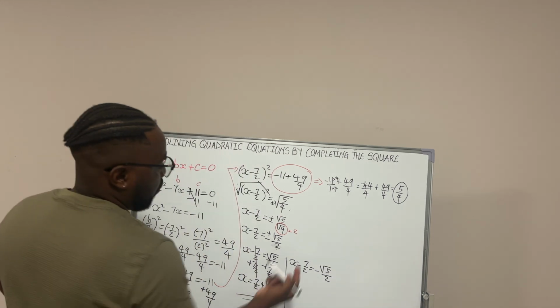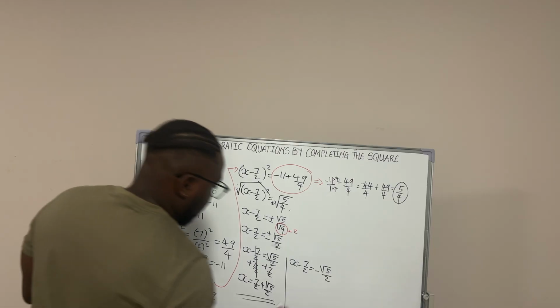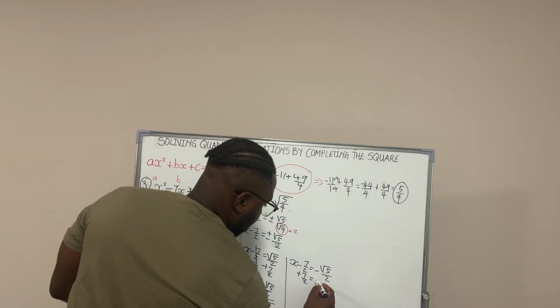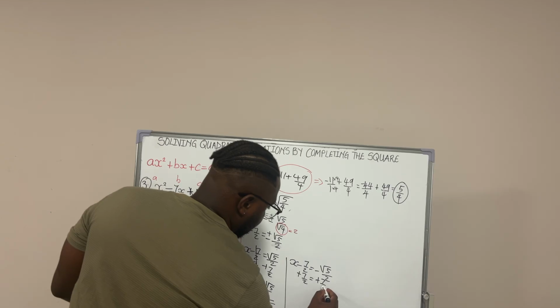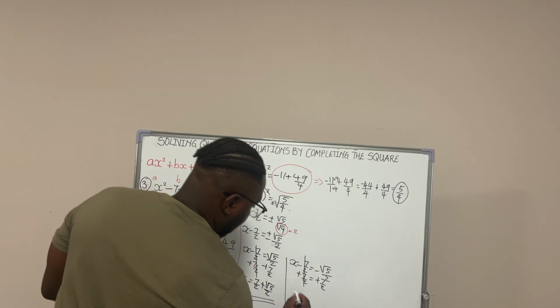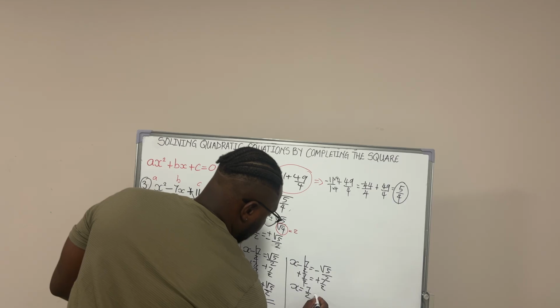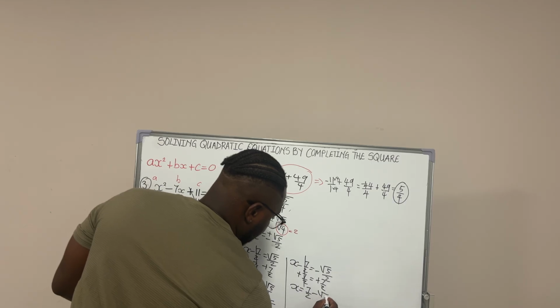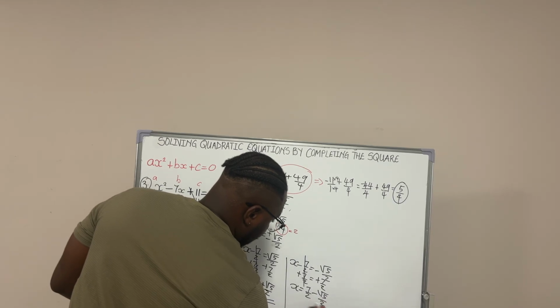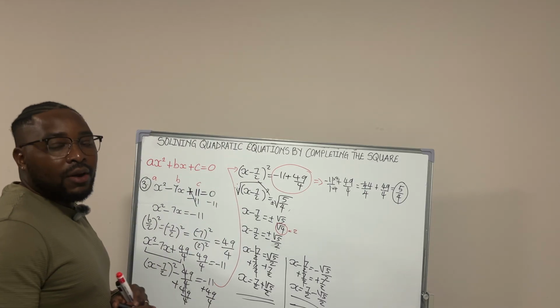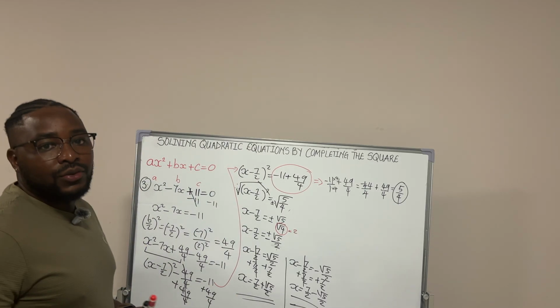We're finding the value of x, yes, so we just add 7 over 2 to both sides of our equation. These two cancel out. We shall be left with x equal to 7 over 2 minus square root of 5 over 2. So there we go. We have found our other solution there. Yes?